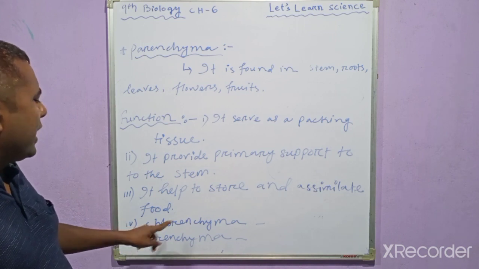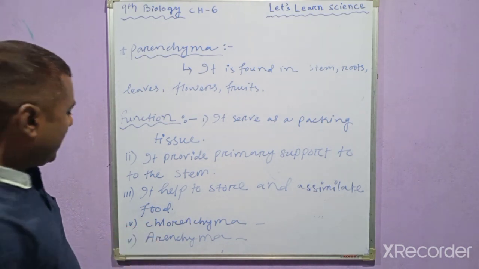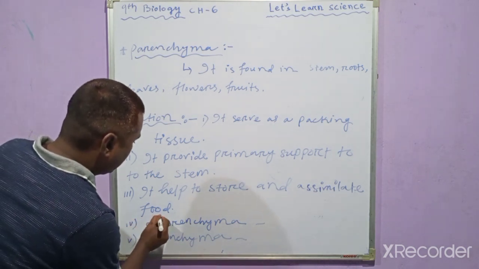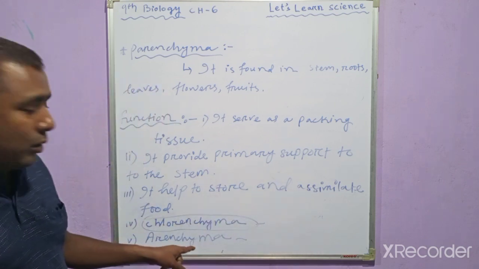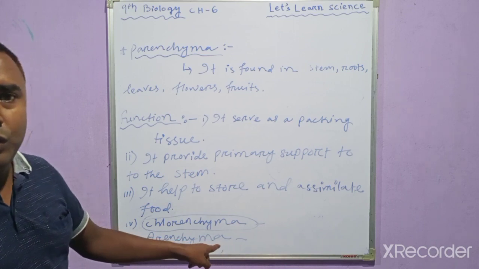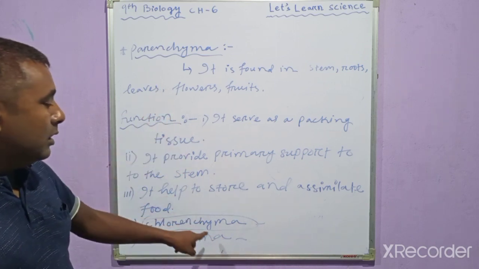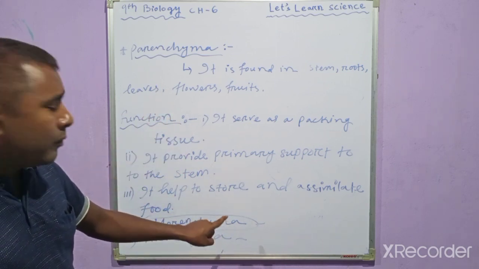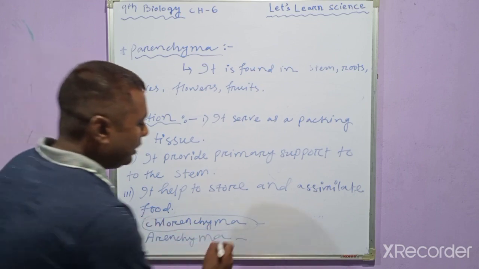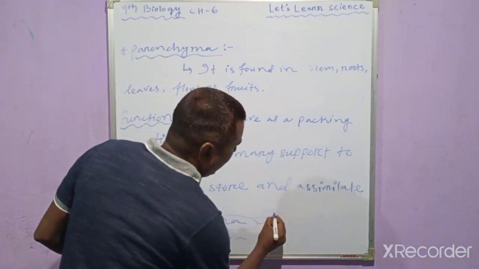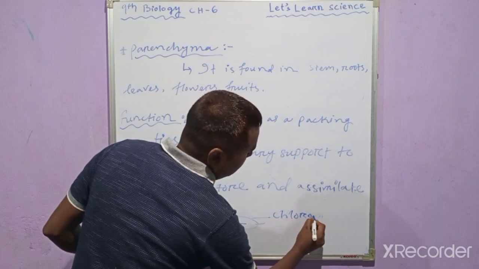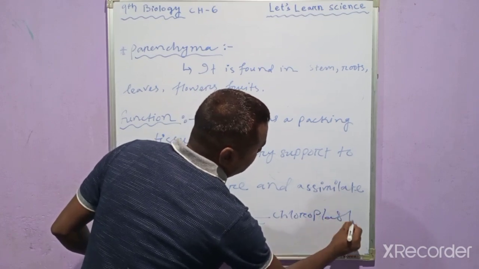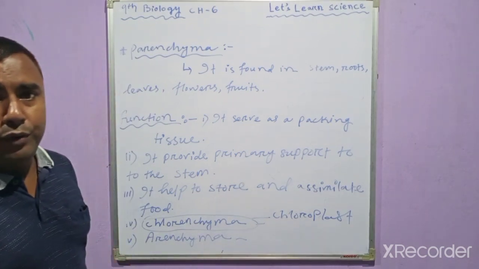Next, chlorenchyma. Here I have not written the full sentence. Chlorenchyma is a type of parenchyma in which chloroplast is found.